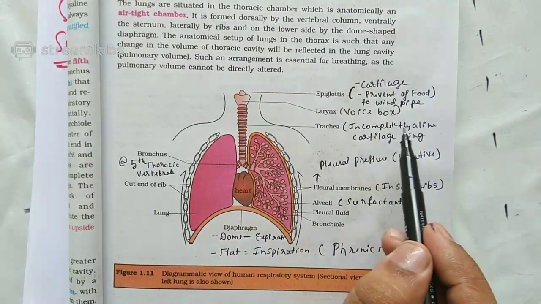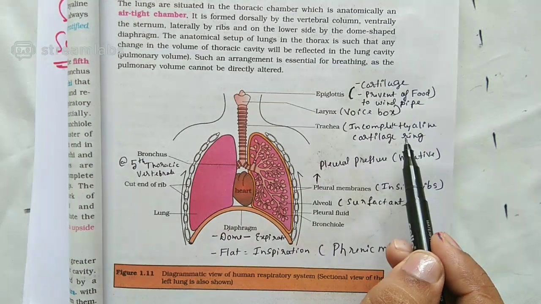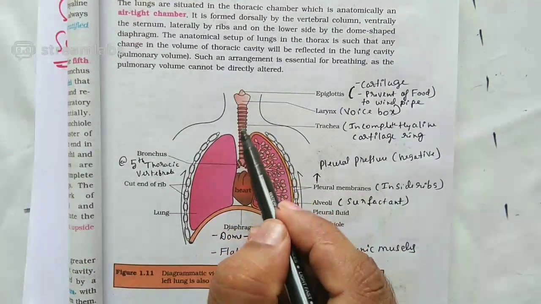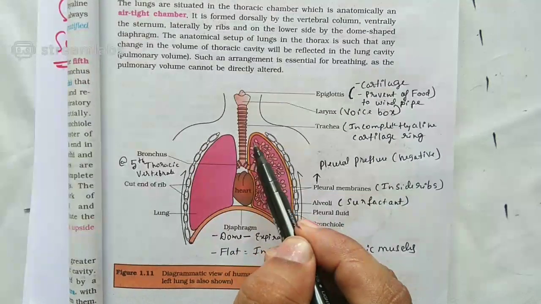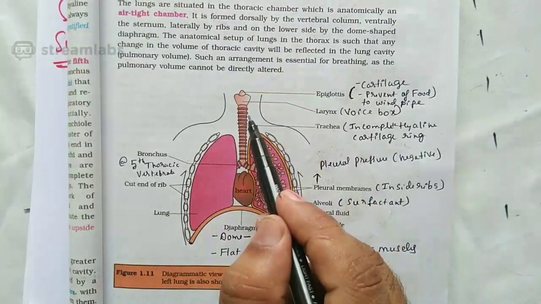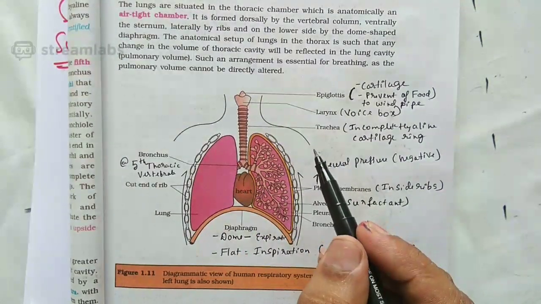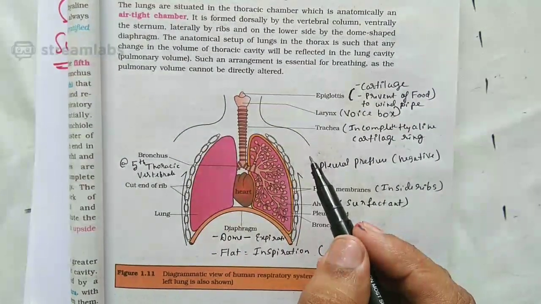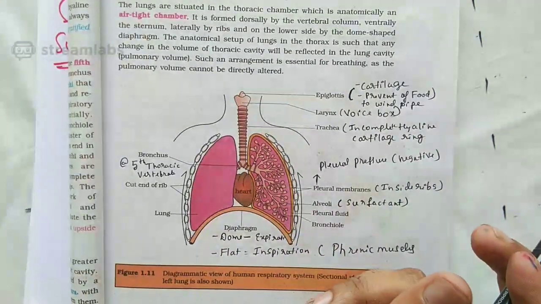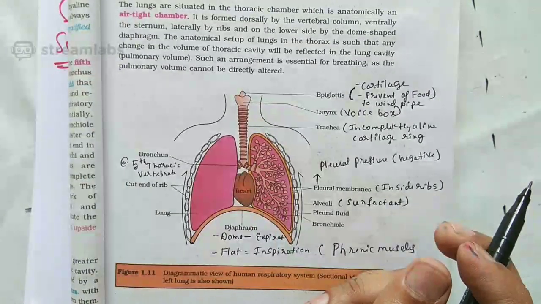Trachea has incomplete cartilaginous rings. Agree with me? It has incomplete cartilaginous rings, which are made up of hyaline cartilage, which prevents collapsing of the trachea. That means one more factor which prevents collapsing is the hyaline cartilage of the trachea.